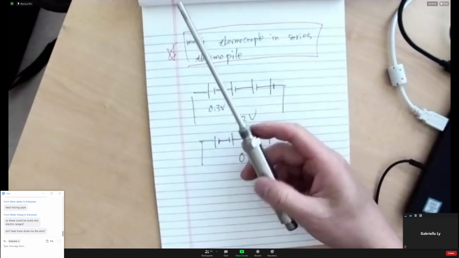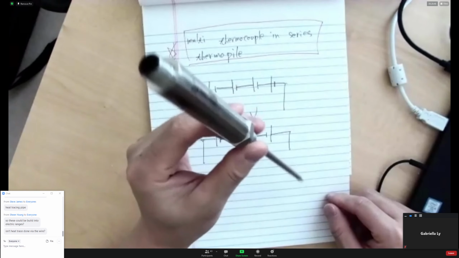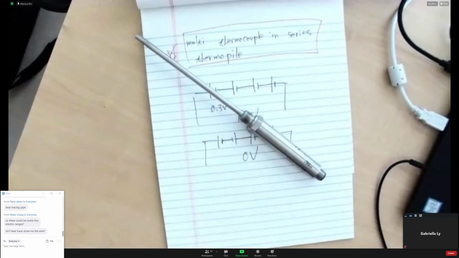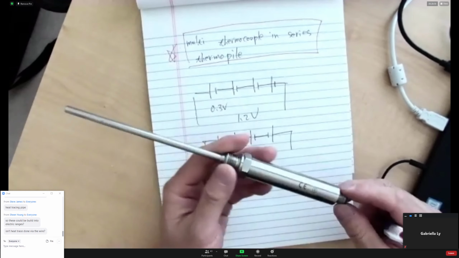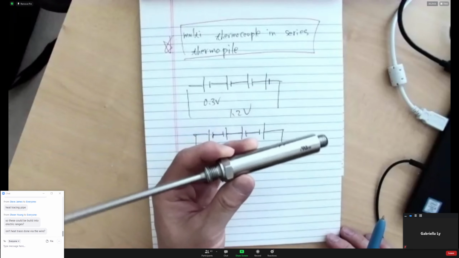This is one in industrial use. It's already pre-made, and this is a thermocouple. So this one is from Alan. He gave it to me.